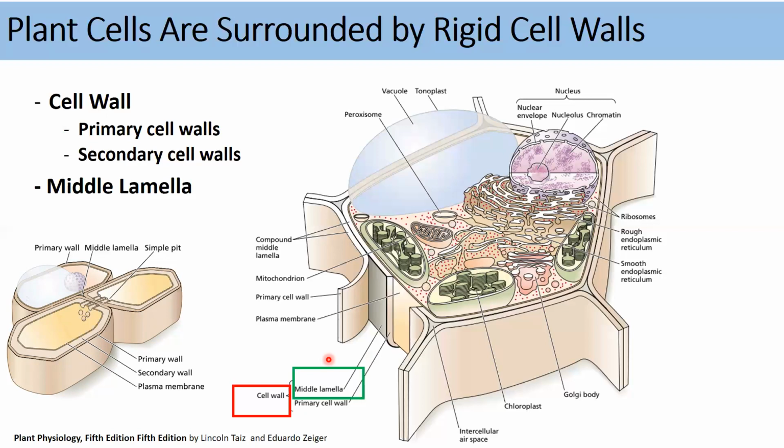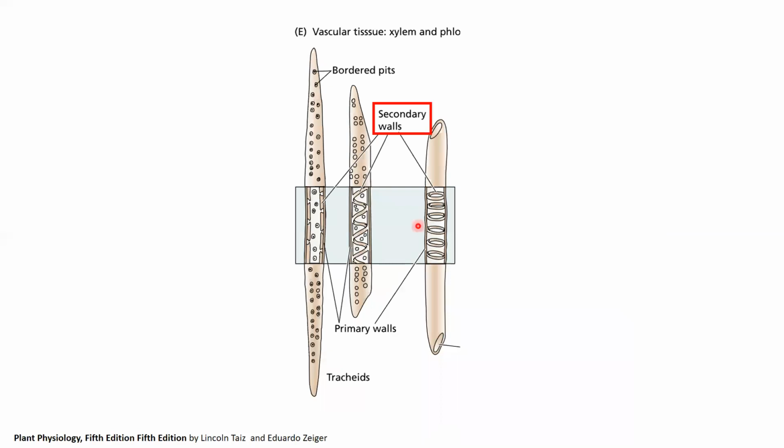Secondary cell walls are thicker and stronger than primary walls and are deposited when most cell enlargement has ended. Secondary cell walls owe their strength and toughness to a brittle glue-like material called lignin. Here we can see the secondary cell walls present in different tracheid cells of vascular tissues.